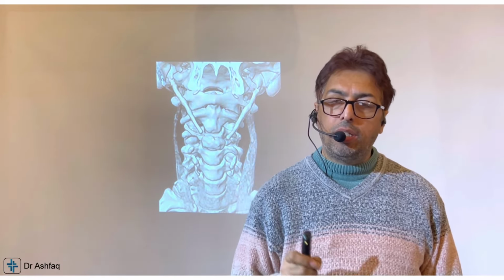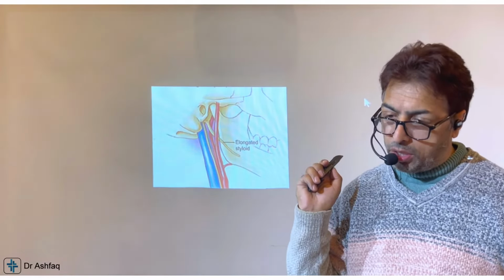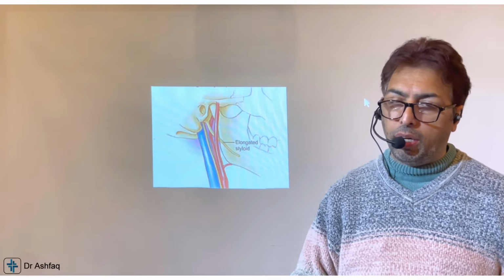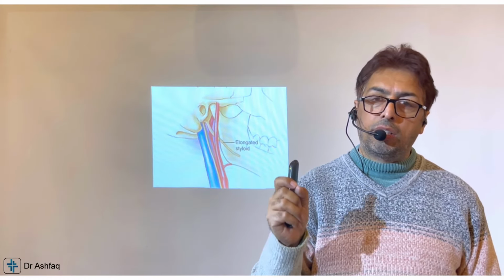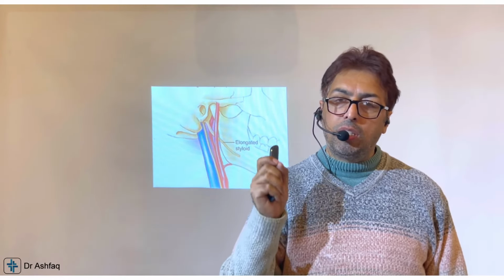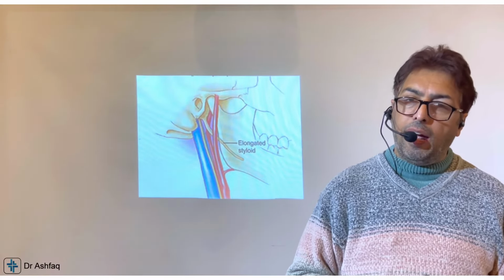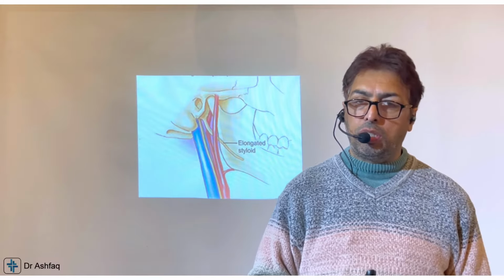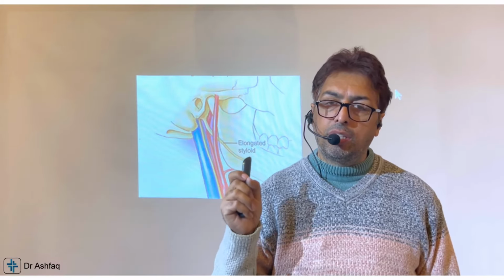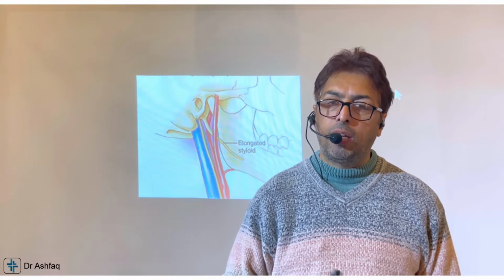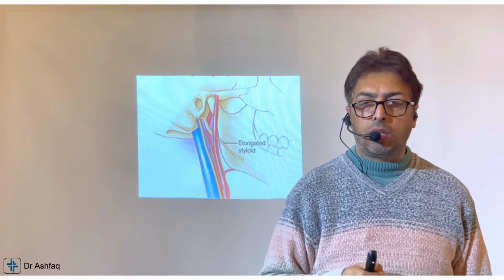And what is the clinical significance of this elongated styloid process? The importance of this elongated styloid process is that there are some important structures which lie within the vicinity of the styloid process. The internal carotid artery lies near the tip of the styloid process, and the facial nerve lies in relation to the base of the styloid process.